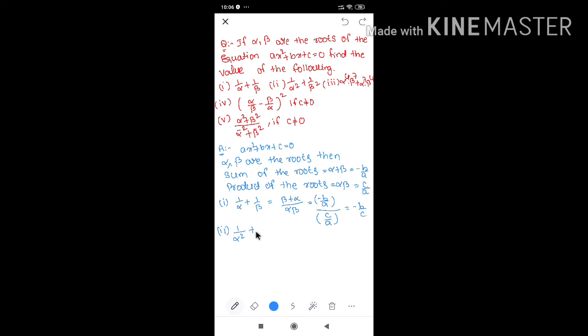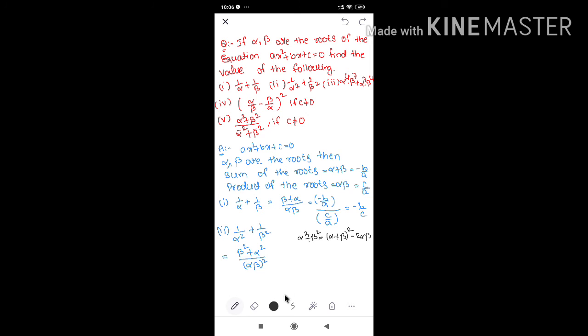And coming to the second one, 1 by alpha square plus 1 by beta square. Taking LCM, beta square plus alpha square by alpha beta whole square. Here we need to remember one formula: alpha square plus beta square is equals to alpha plus beta whole square minus 2 alpha beta.